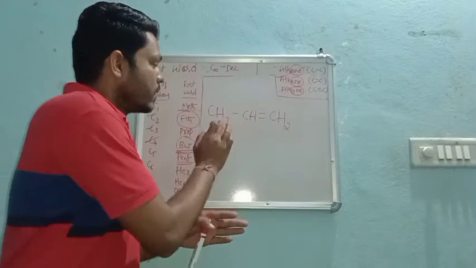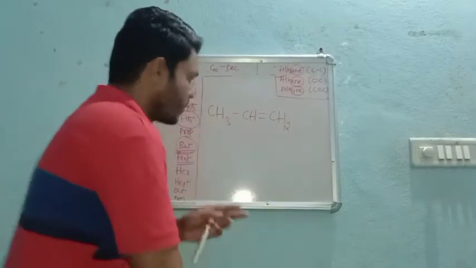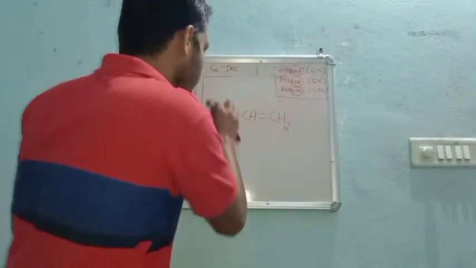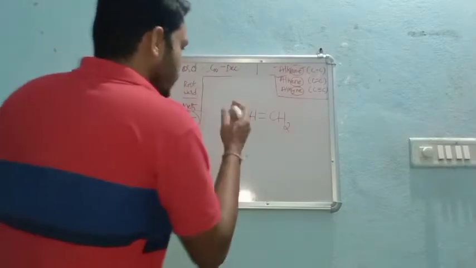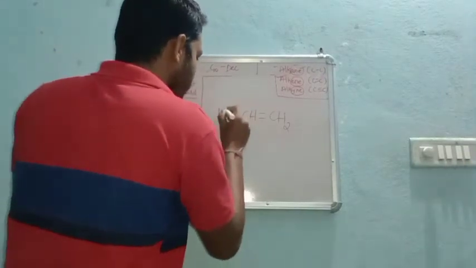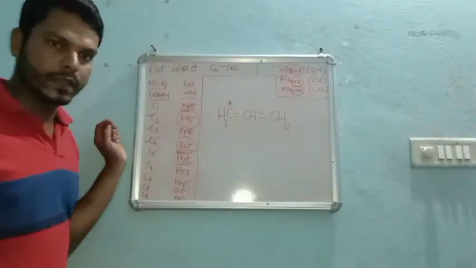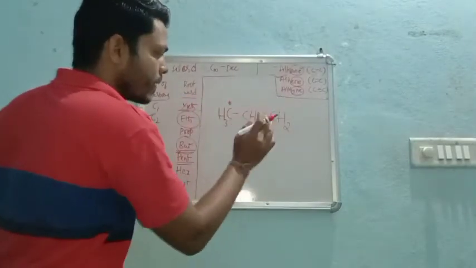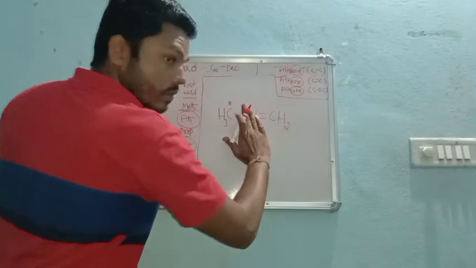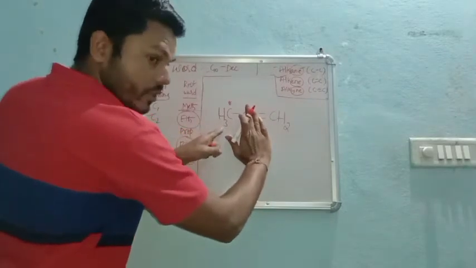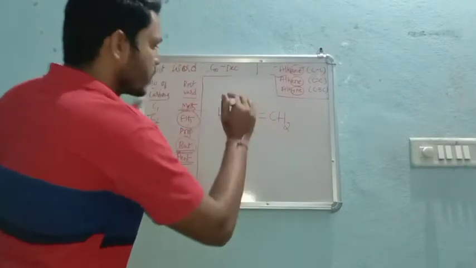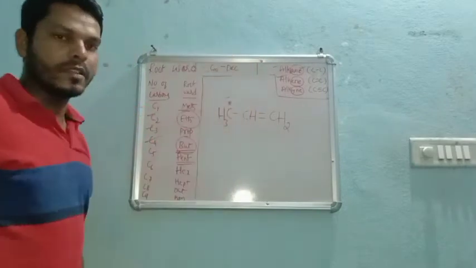See, there are 3 hydrogens. If I write it like this, then you can understand very easily. CH3. Consider first this carbon atom, the starred carbon atom. There are 3 hydrogens, that means 3 bonds. 3 plus 1, 4. That means its valency is satisfied.